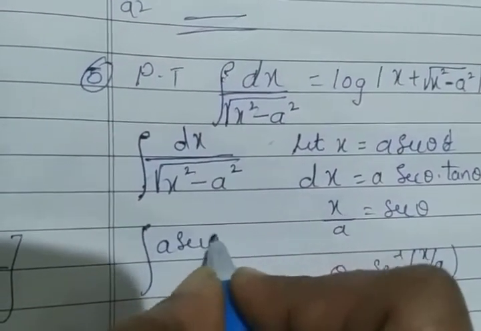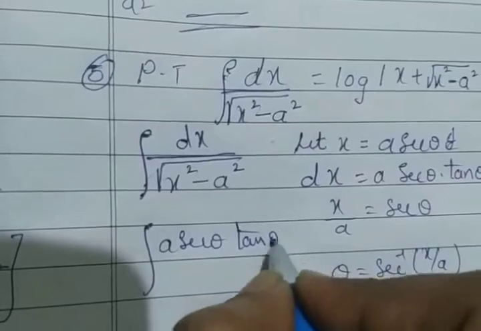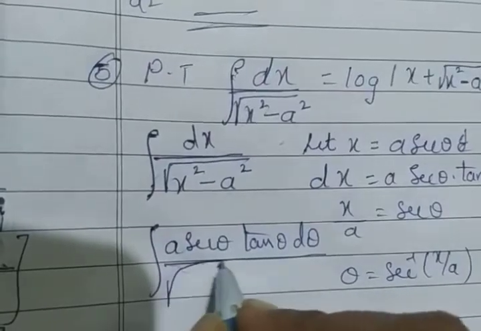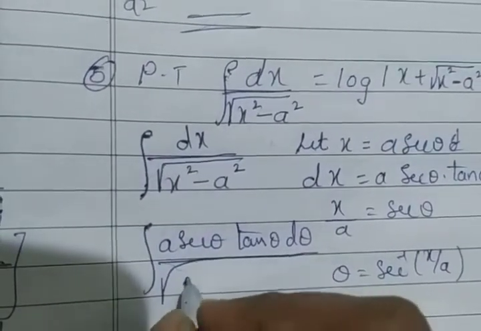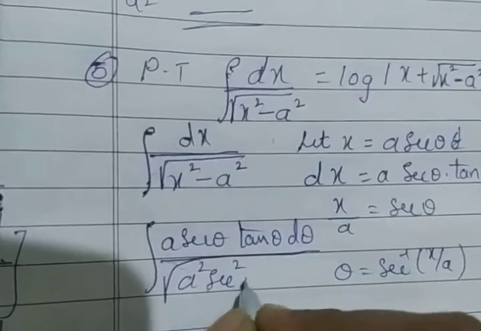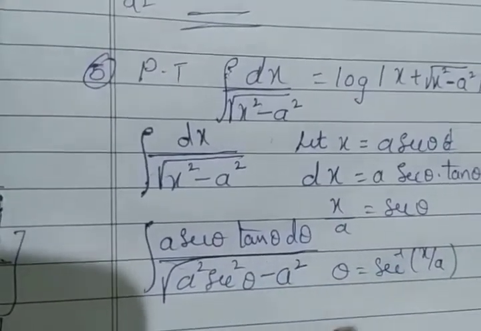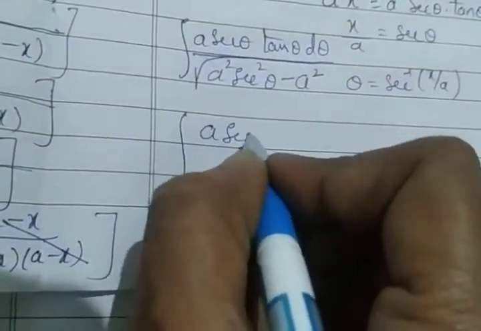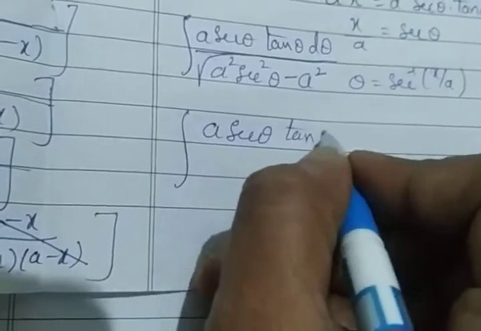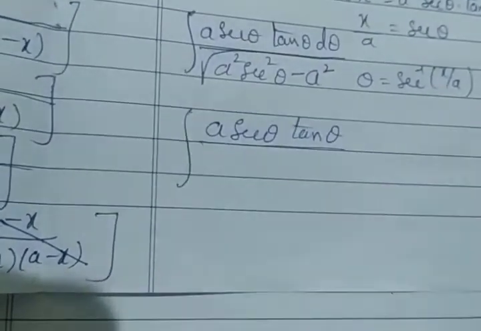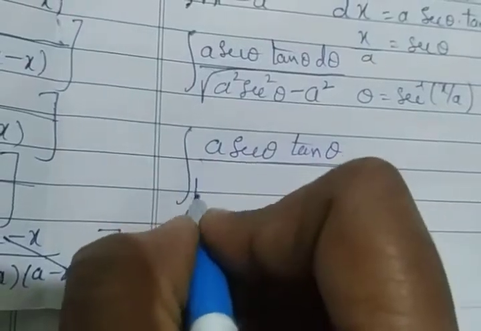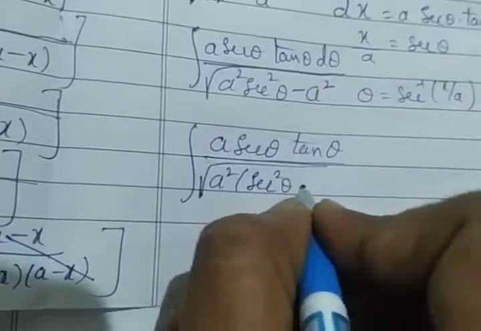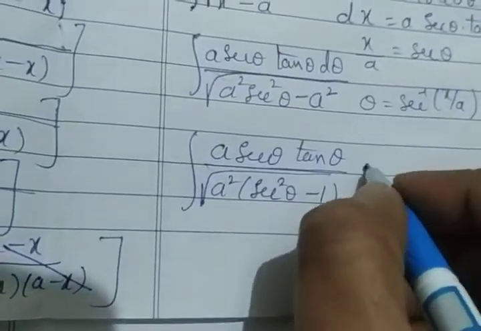The integral becomes a secant theta tan theta d theta divided by root of a square secant square theta minus a square, which is a secant theta tan theta divided by the root of, take out the a square common, secant square theta minus 1, d theta.